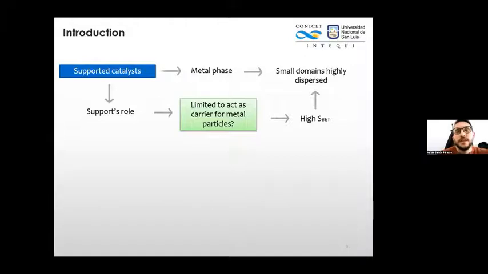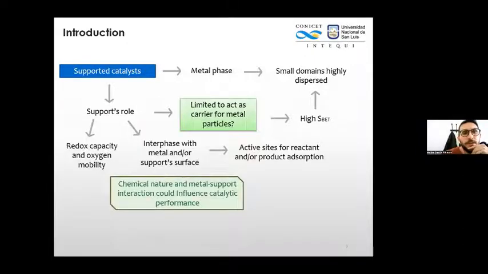In the classical point of view, we need a high surface area support to hold small domains of the metal active phase. But in the last couple of years, we could also see some redox capacity and oxygen mobility within the support, and also the interface between the metal and the support could be active sites for the reactants and the products.